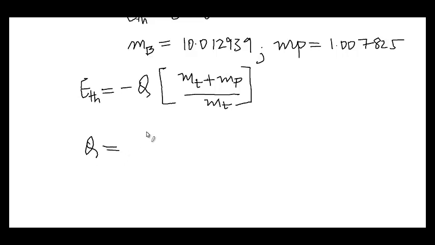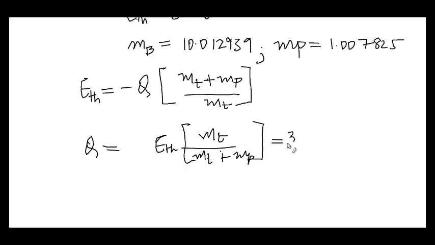So the Q value simply will be equal to ETH into MT by MT plus MP.